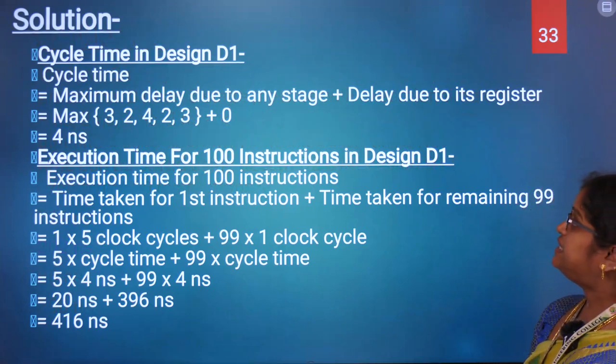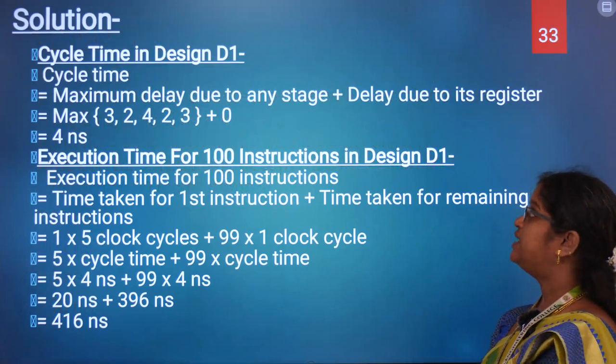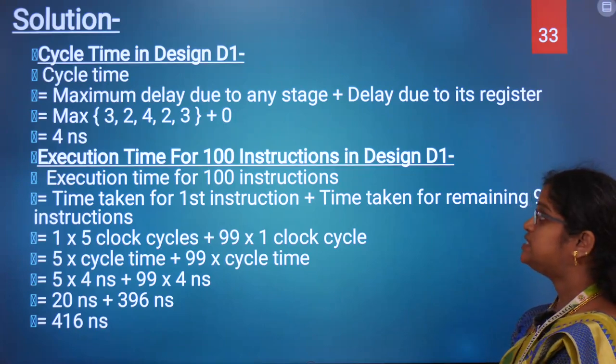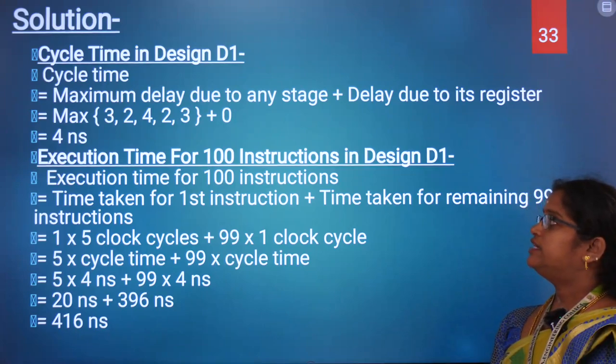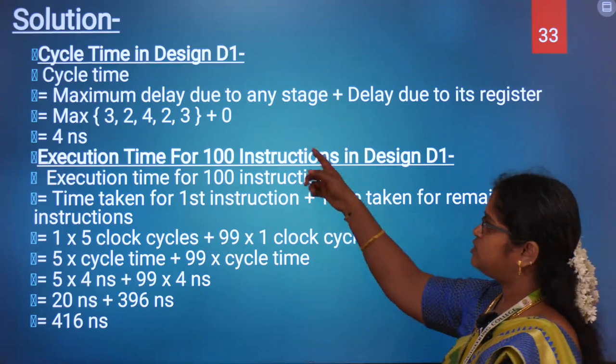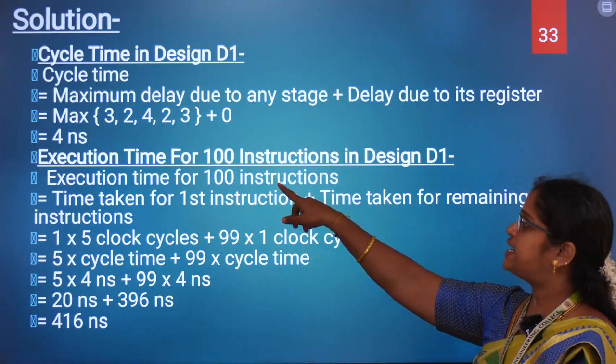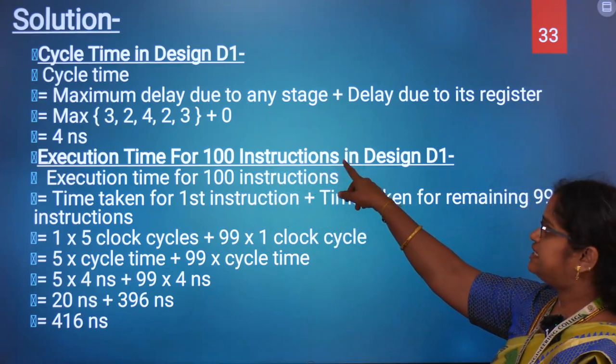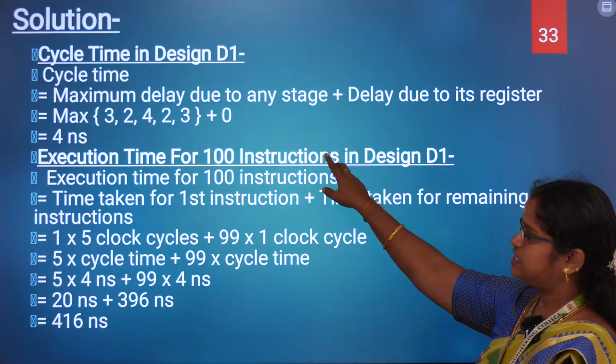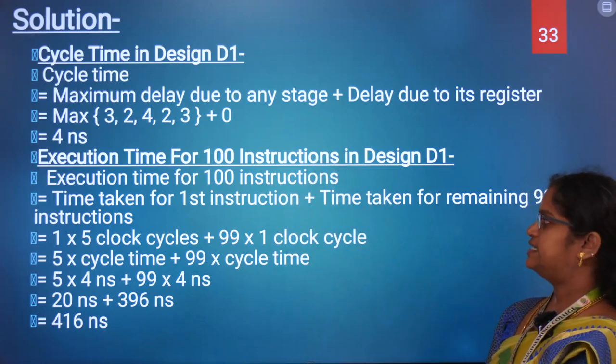Cycle time in design 1 is the maximum delay due to any stage plus the register delay. We find the maximum of 3, 2, 4, 2, 3, which is 4ns. The register delay is taken as 0. So 4ns is the cycle time.